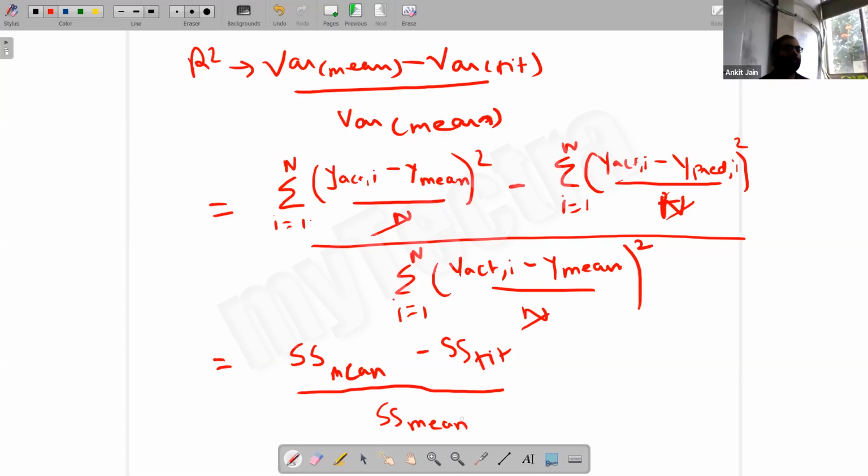Are you able to see what I'm trying to say? SS is what? Sum of squares, right? So that is nothing but sigma i equal to 1 to n (y act i minus y mean) whole square. That will be SS mean, right? Or some may also write it as 1 minus SS fit upon SS mean. Is it clear or not?